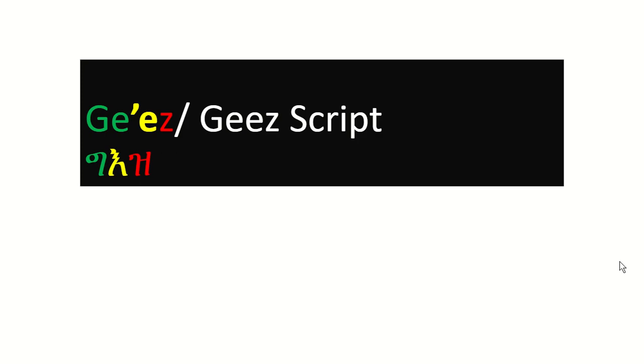Hello, this video is to introduce the Ge'ez language. We can pronounce the name as Ge'ez, and it has its own alphabet. It is written like this, and it has its own script.